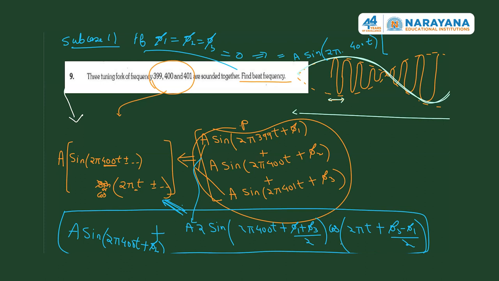Then what is it that we are getting? So a sine 2 pi into 400t and 1 plus 2 cos, it would have been 1 plus 2 cos 2 pi into t.